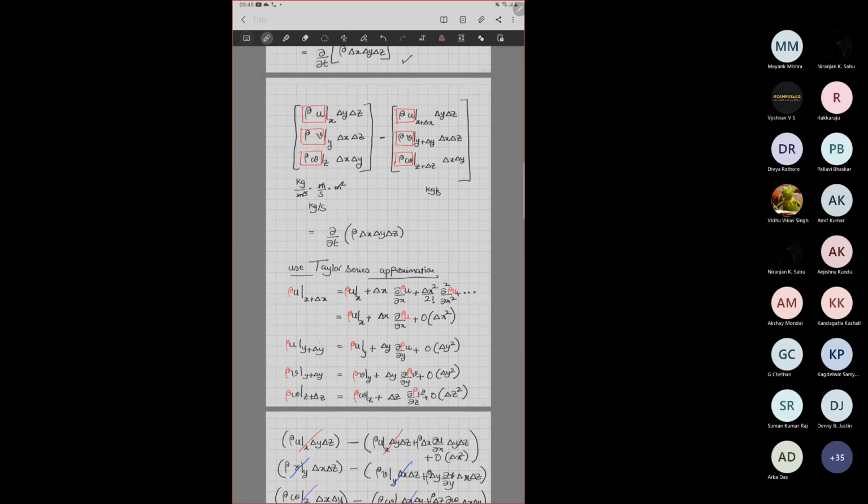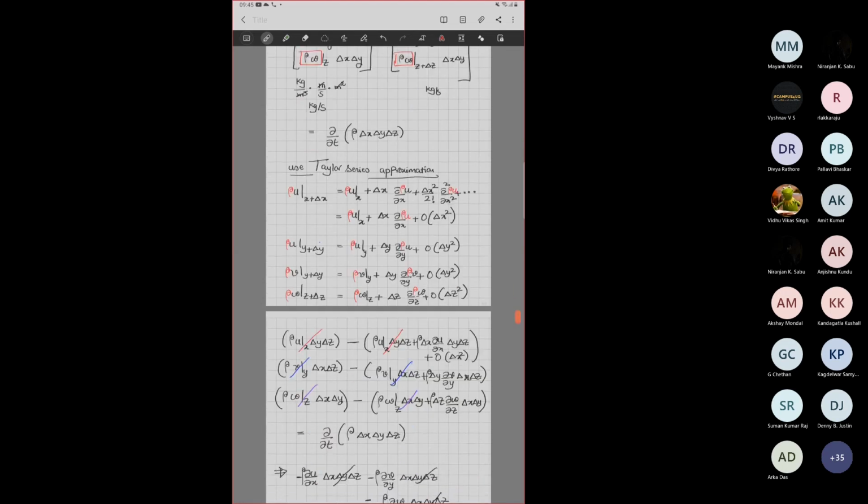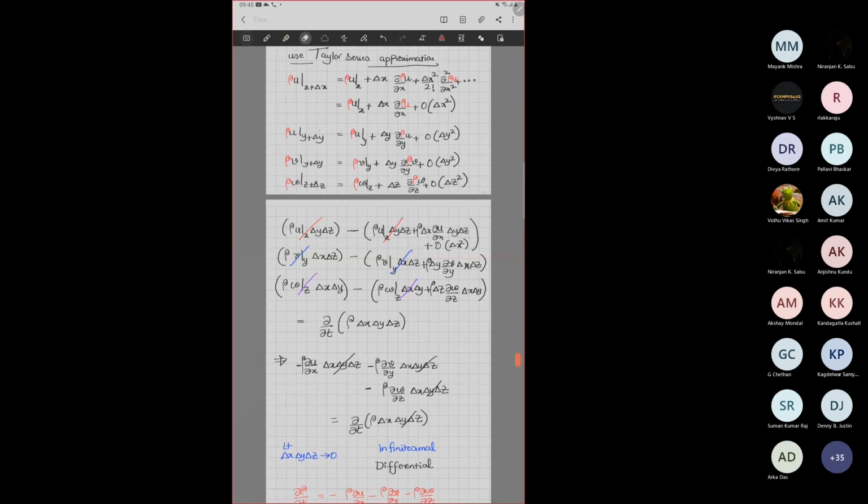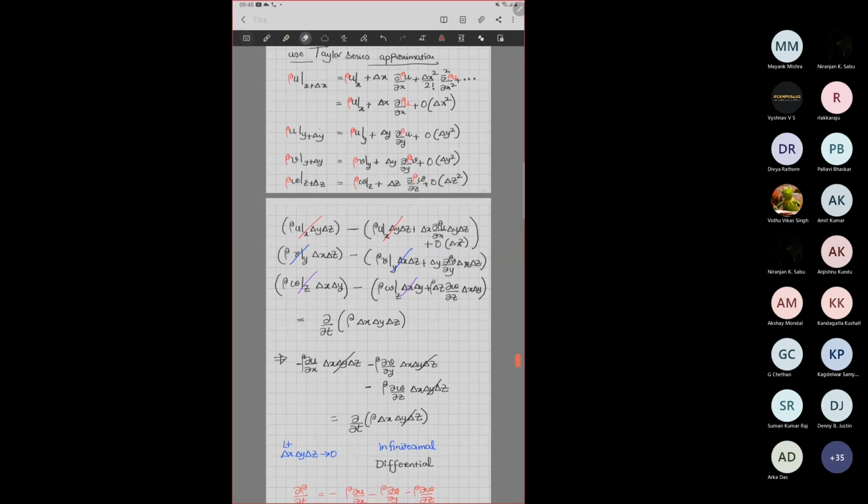This is the complete mass balance, even in case your density is going to change as a function of x, y, z and t. If that is the case, then naturally we are going to end up with rho u, this one ending up as rho v, and this one ending up as rho w.